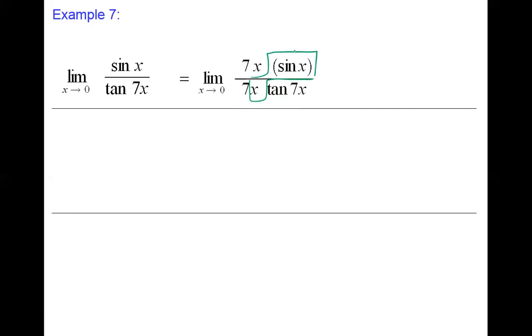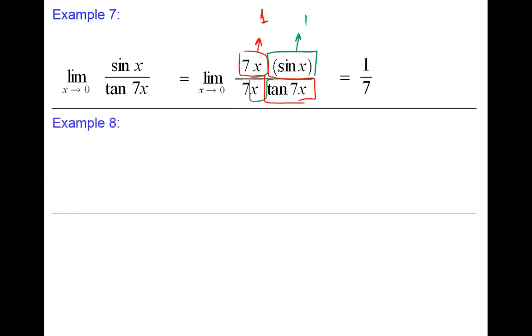Okay, that means sine of x over x is 1. And the other property, tangent 7x, I will kind of cross. The red loop is also 1, because 7x over tangent 7x is 1, and sine of x over x is 1. And what stays? 7 is outside, in the denominator, so 1 over 7.